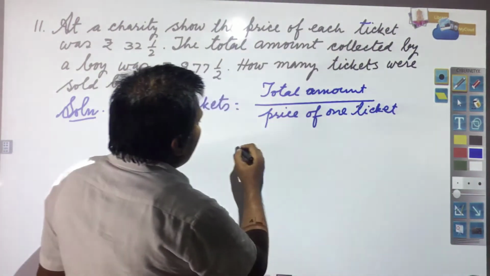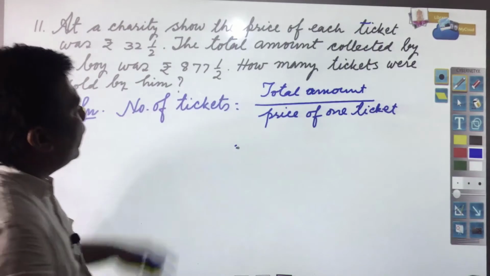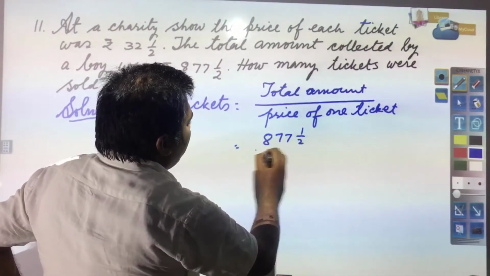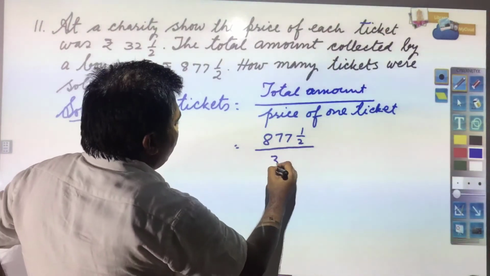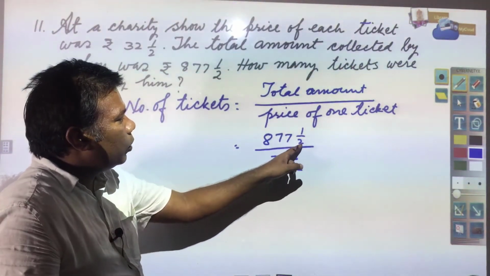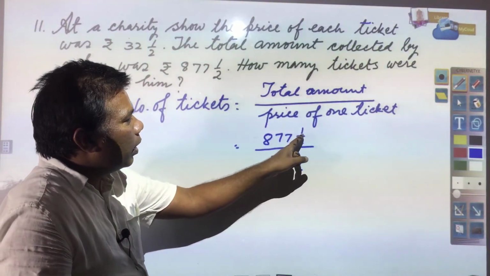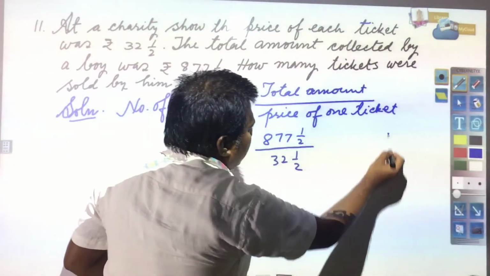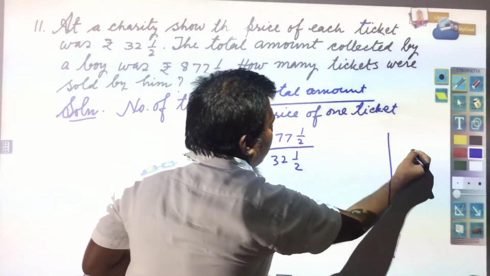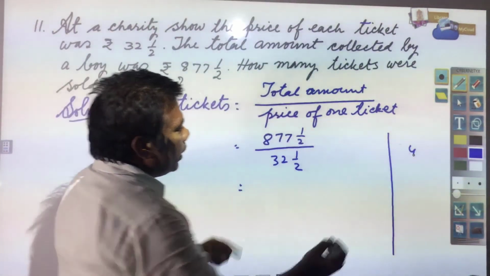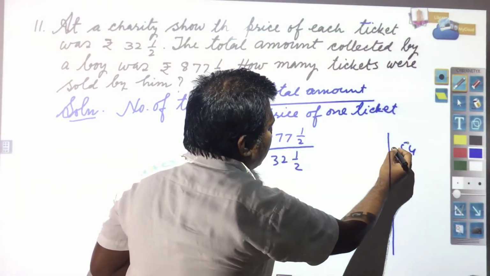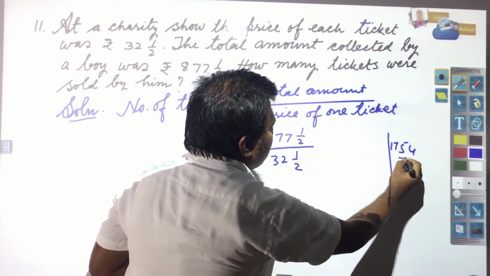Here you see, the total amount you have is 877 whole 1 by 2 divided by 32 whole 1 by 2. This is required to be simplified. 2 sevens are 14, and here you multiply this, so you will understand in a better way. 2 sevens are 14, 2 sevens are 14 and 1 is 15, 2 eights are 16 and 1 is 17, plus 1.